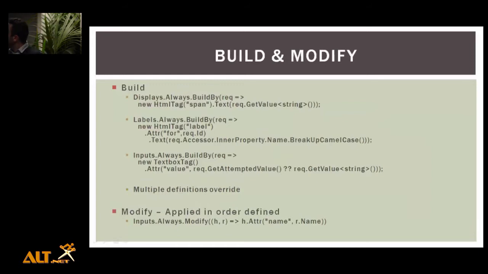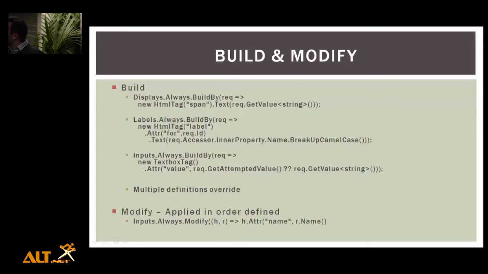Up here, the first one is showing you how to do it with a display, which will create a span tag and put the text inside of it. The next one down is a label, and that'll give you a label tag with the for, which sets the ID, and puts the text of the accessor of what you're putting in.